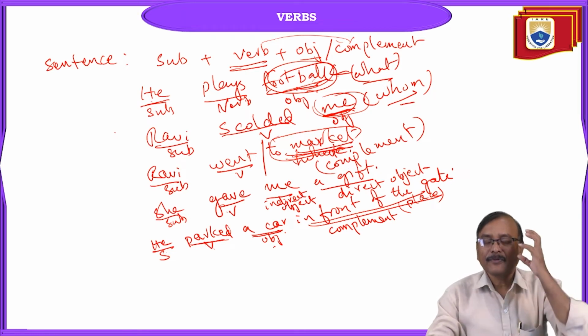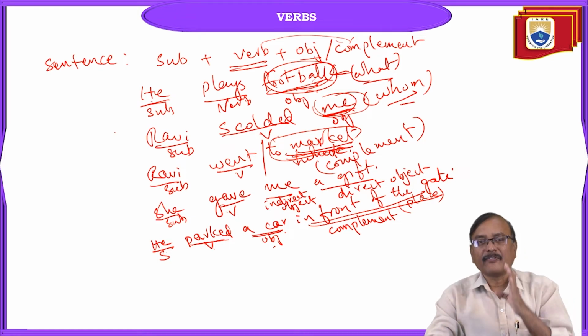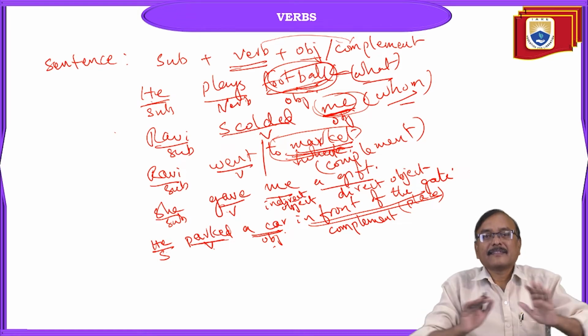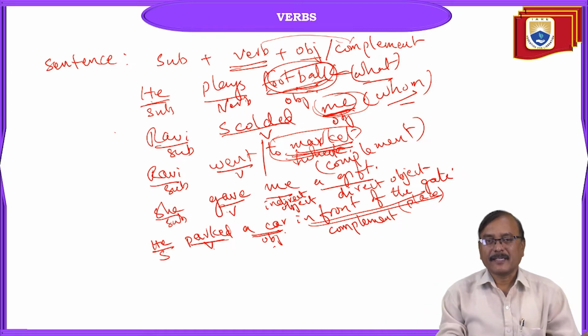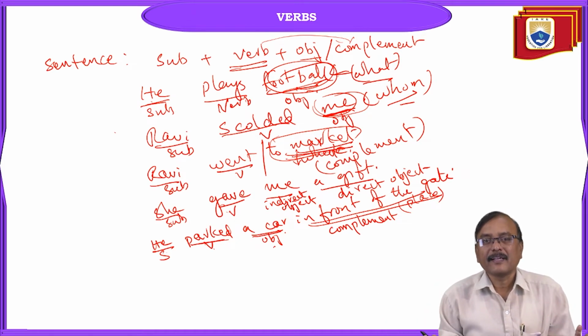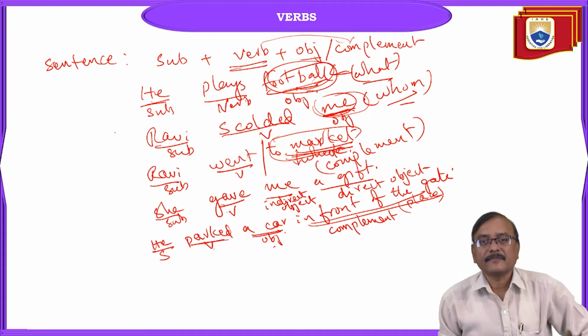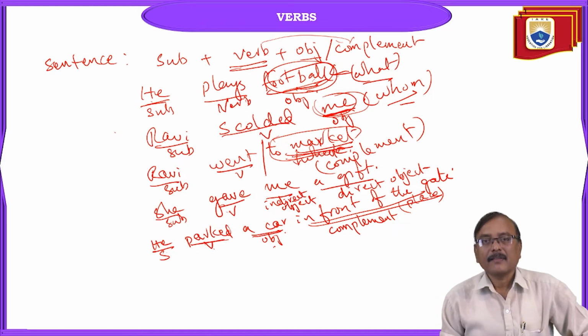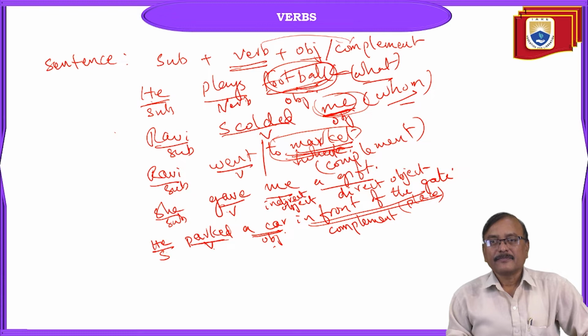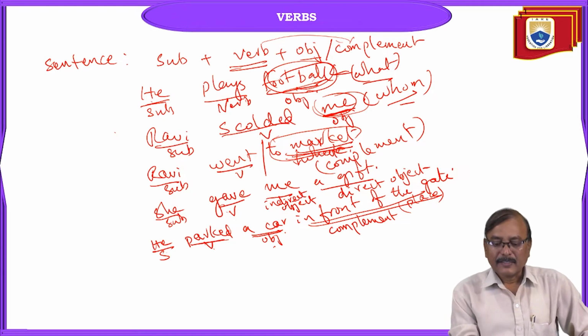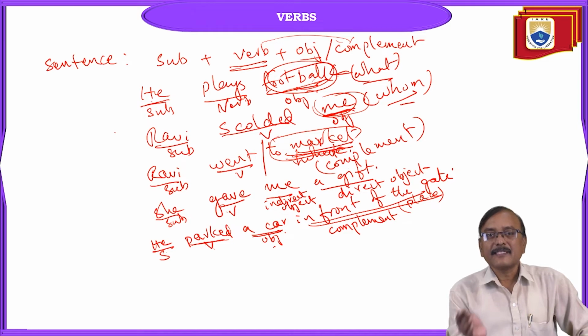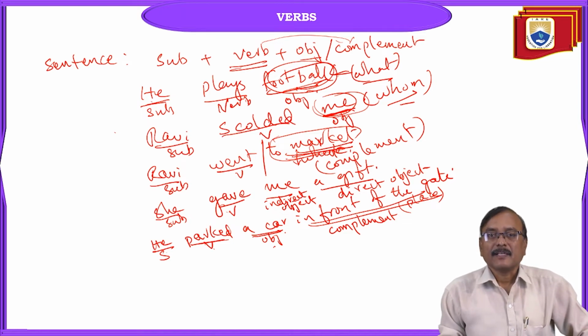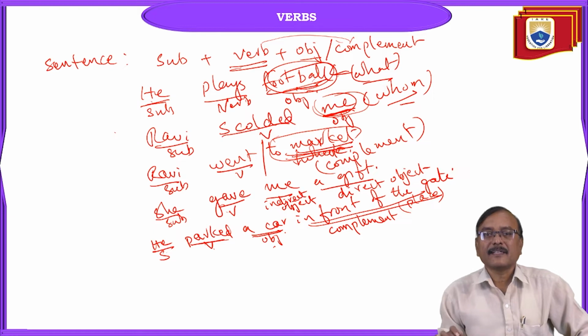Then, if you concentrate on those answers, you can comprehend that sentence easily. You can get the meaning of the sentence easily. Now, remember, within a sentence, if the object is there, you can change it into passive voice. If the object is not there in a sentence, you can't change it into passive voice.